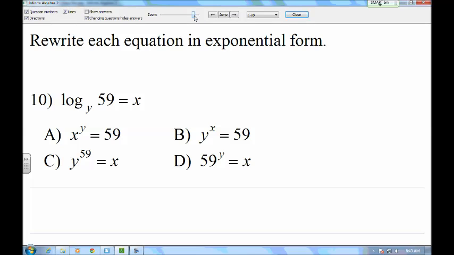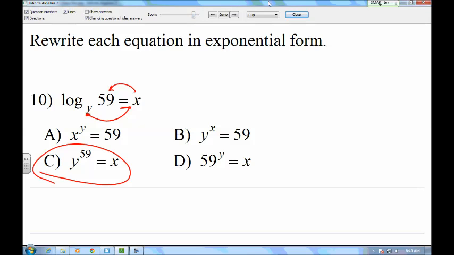Your finger was covering it. Yes. Good. Everything I've seen so far has been excellent. Okay, so what's the base, guys? Y raised to the x equals, so that would be C. I think everyone's doing that correctly.